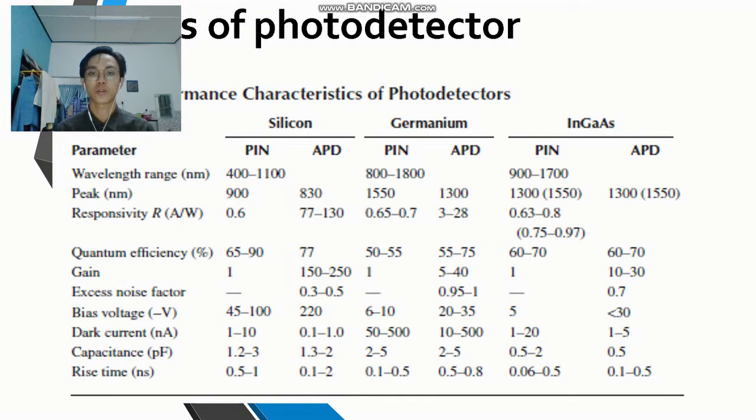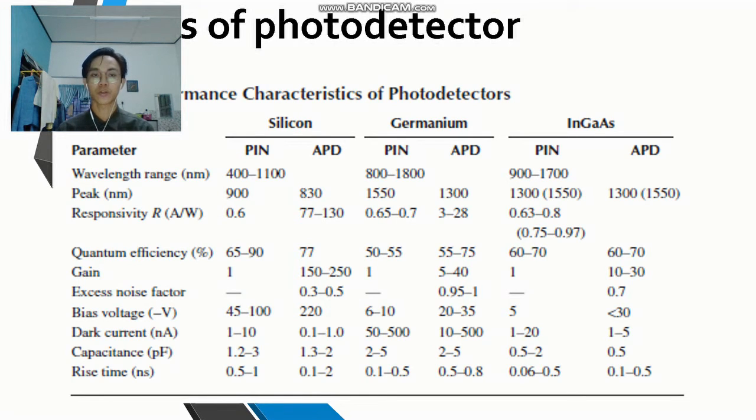Types of photodetectors. There are two types of photodetectors, the PIN and APD. There are three types of materials that can be used as the substrate for the photodetectors, but you can see from the table that the photodetectors are slightly different, even though using the same type of material, because the design of the substrate is somewhat different from each other.